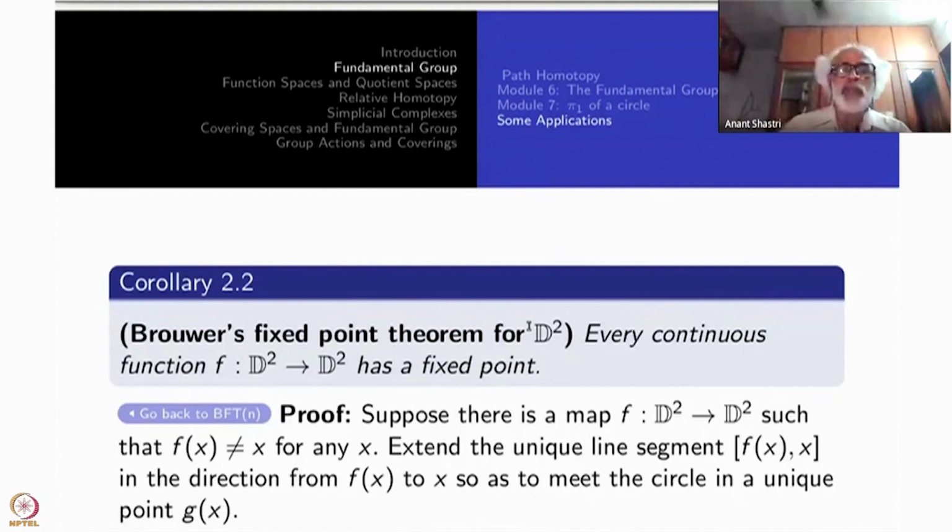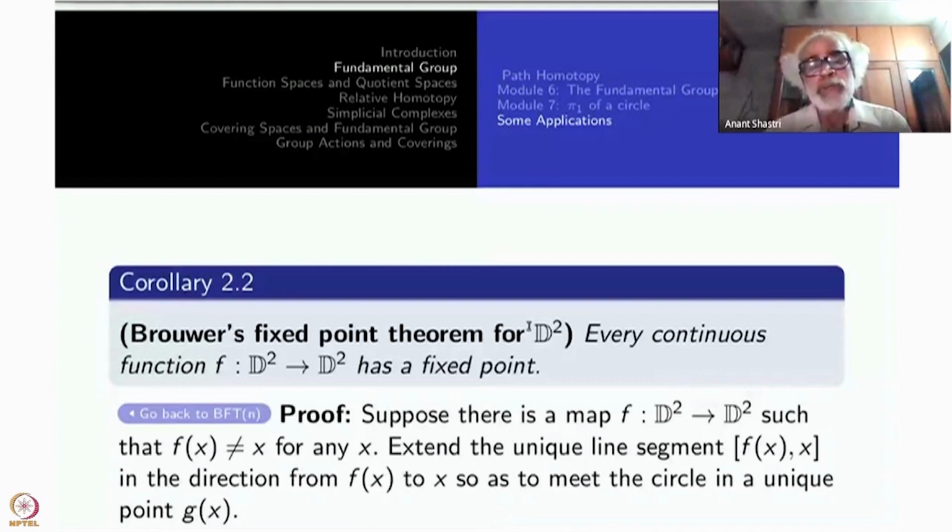But the intermediate value theorem will not work in the case of D2, D3, etc., because there is no order here. So what is involved here? That will come out if you look at this kind of proof.